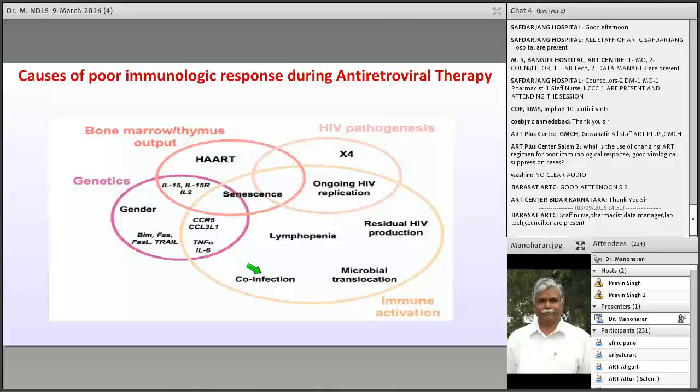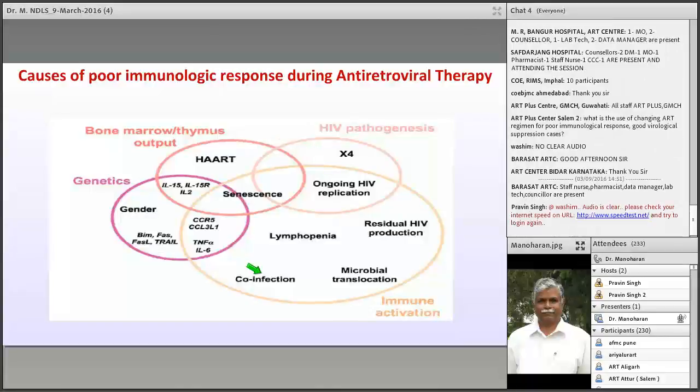So we can target these HCV co-infected adults, and in the same way we can use valganciclovir for CMV seropositive HIV infected patients when the CD4 count is less than 350, and also in Mycobacterium avium complex patients you can use the appropriate antibiotics. So these are all some reasons by which you can improve the CD4 count.